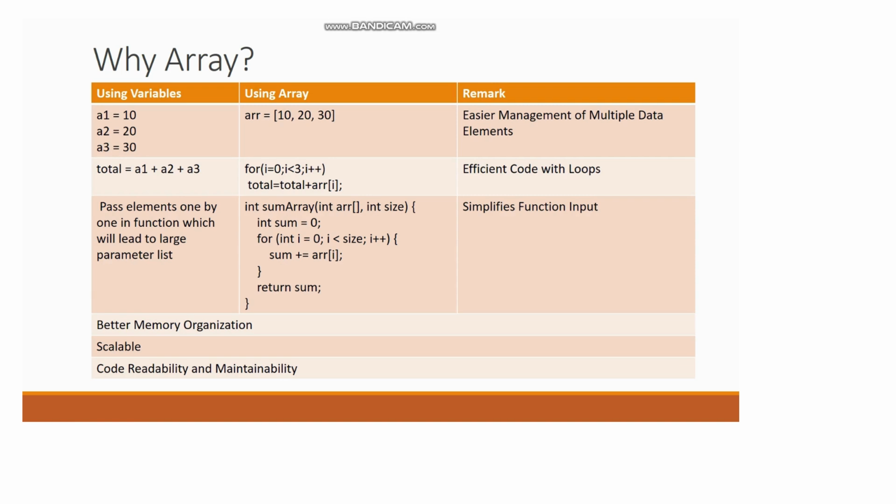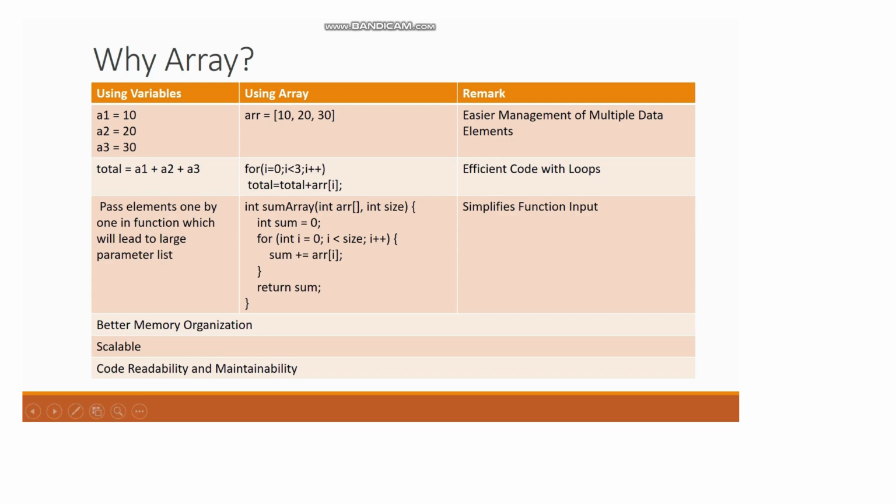That means you simply declare a single variable, and in that you can put your values continuously. If you see the second column here, we are declaring an array where we can store similar type of data.